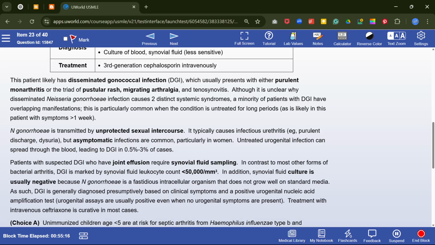As such, DGI is generally diagnosed presumptively based on clinical symptoms and a positive urogenital nucleic acid amplification test. Treatment is ceftriaxone and is curative in most cases. Next.